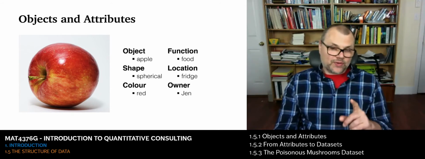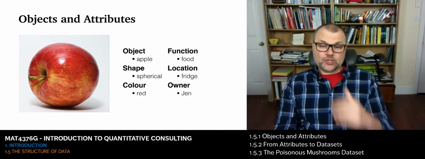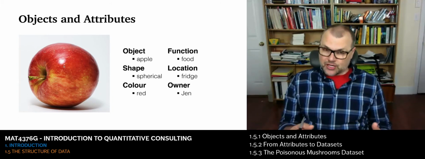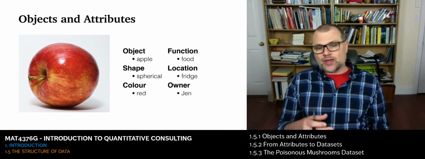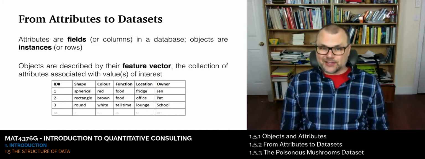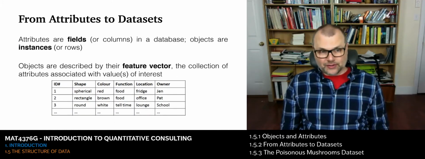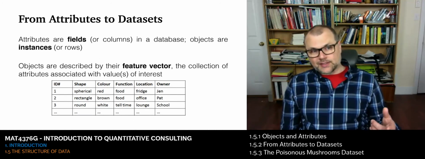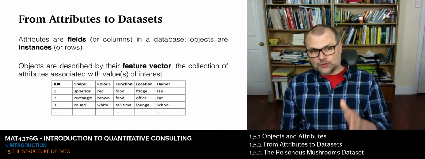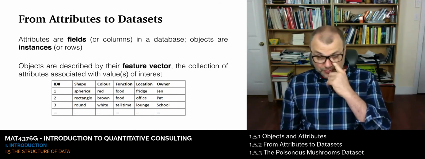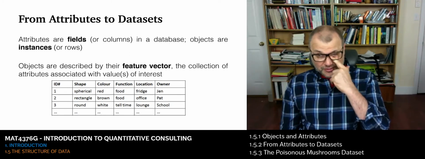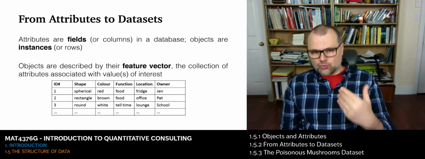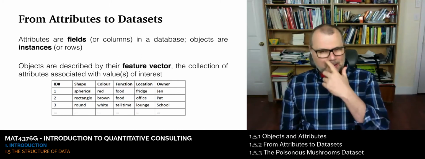Whenever we work with data, we try to represent an object or an observation with the help of a signature vector or a feature vector. In this instance, the attributes, also known as the fields or the variables, and the objects would be the instances, the rows, the cases.